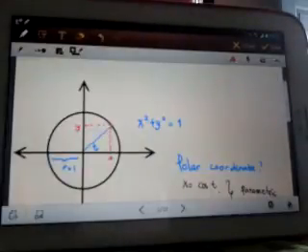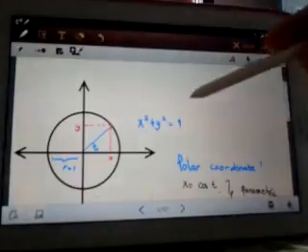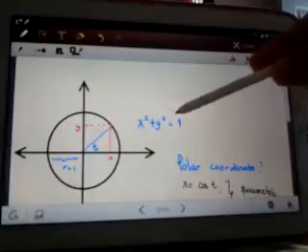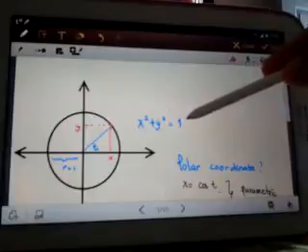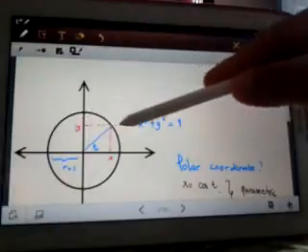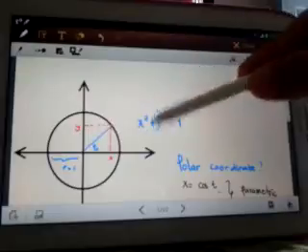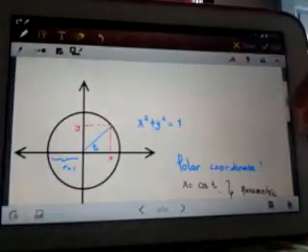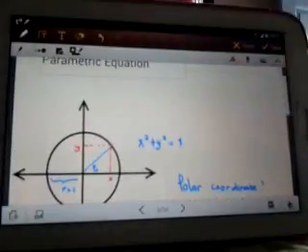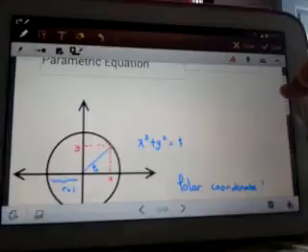In Cartesian coordinates, this circle has the equation x squared plus y squared is equal to 1. Actually, for x and y we can change this to polar coordinates. In polar coordinates, for x we have r cos t, and for y we have r sin t.